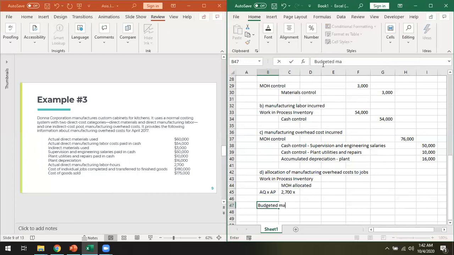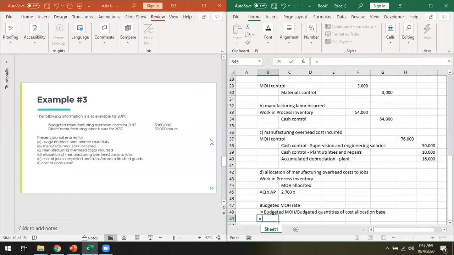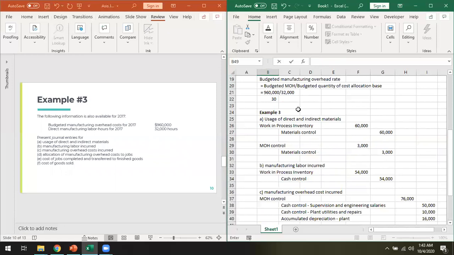The budgeted manufacturing overhead rate is budgeted manufacturing overhead divided by budgeted quantity of the cost allocation base. We know from the next slide that budgeted manufacturing overhead is actually the same as our previous example, so we just use the number that we calculated before.